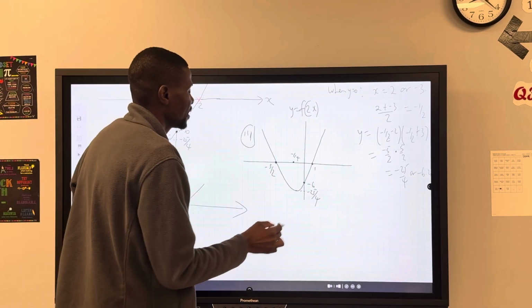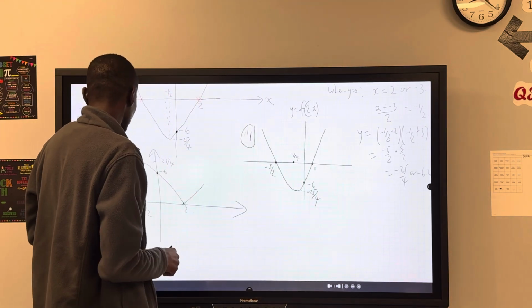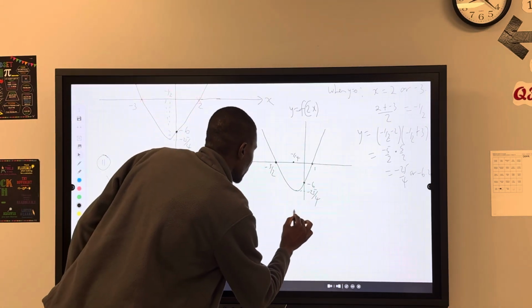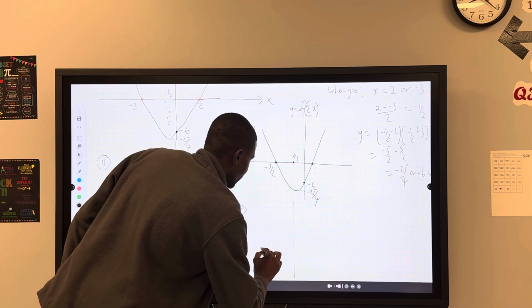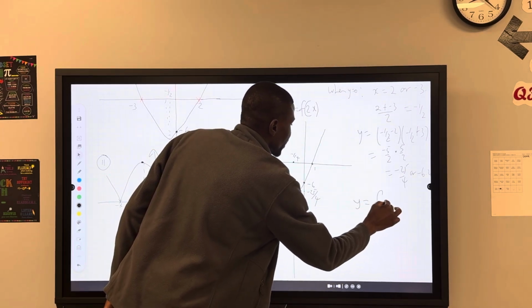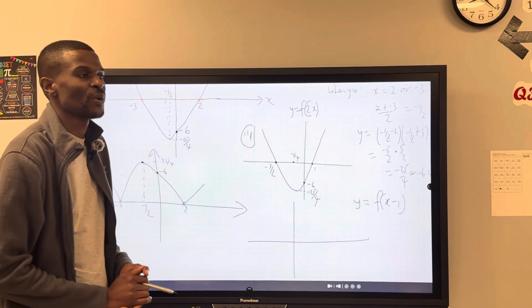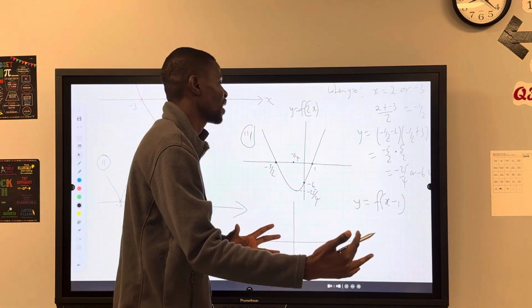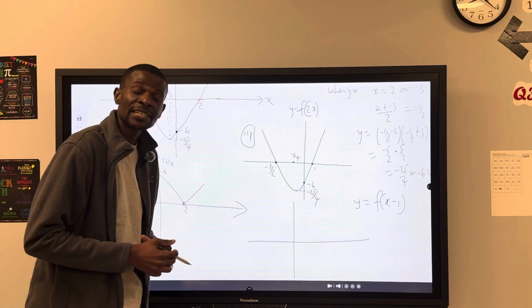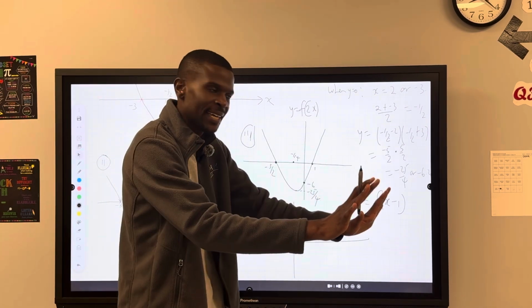Then another part is y equal to f of x minus 1. So here, if it's f of x minus 1, that's a horizontal translation. So I'm shifting the graph 1 unit to the right.